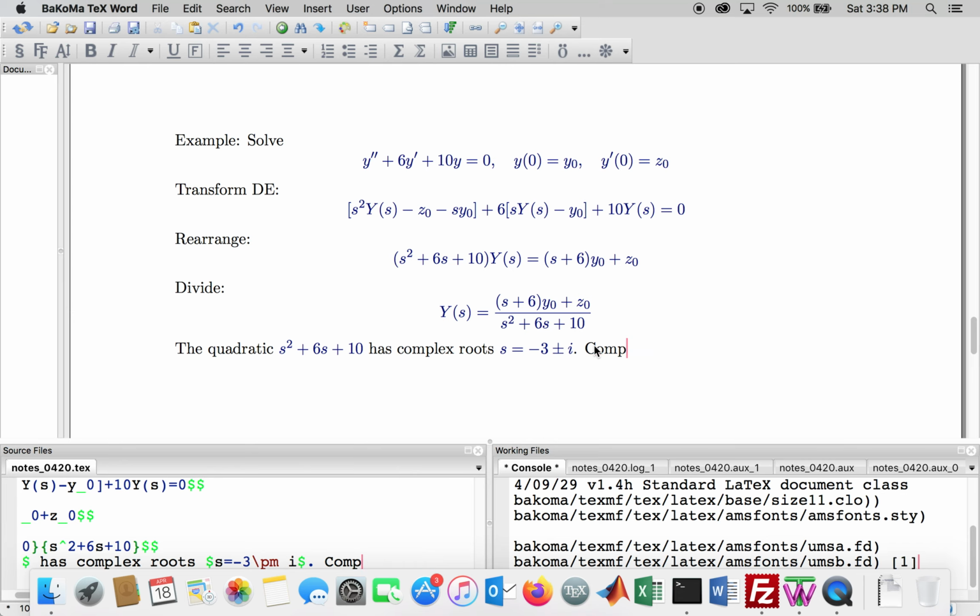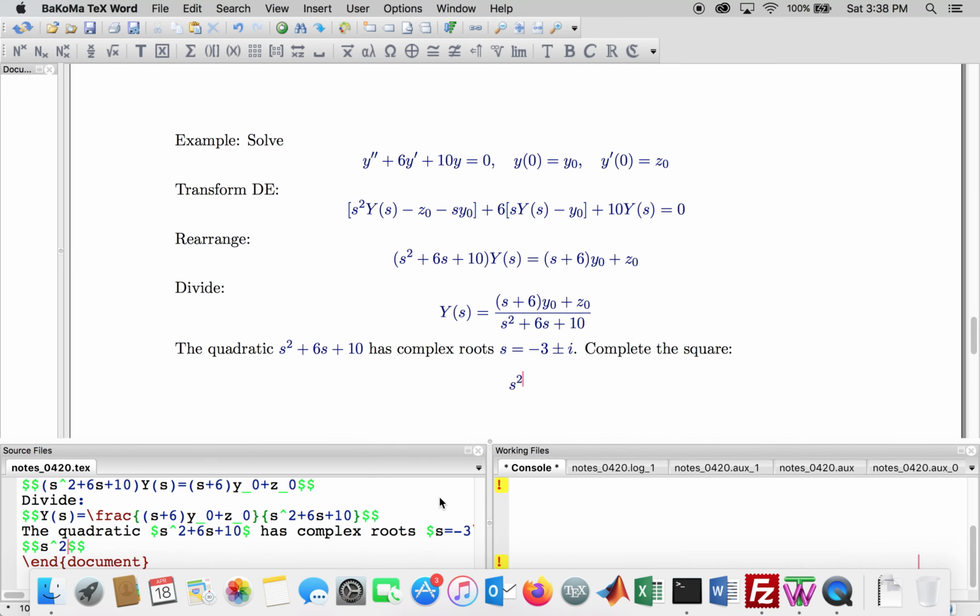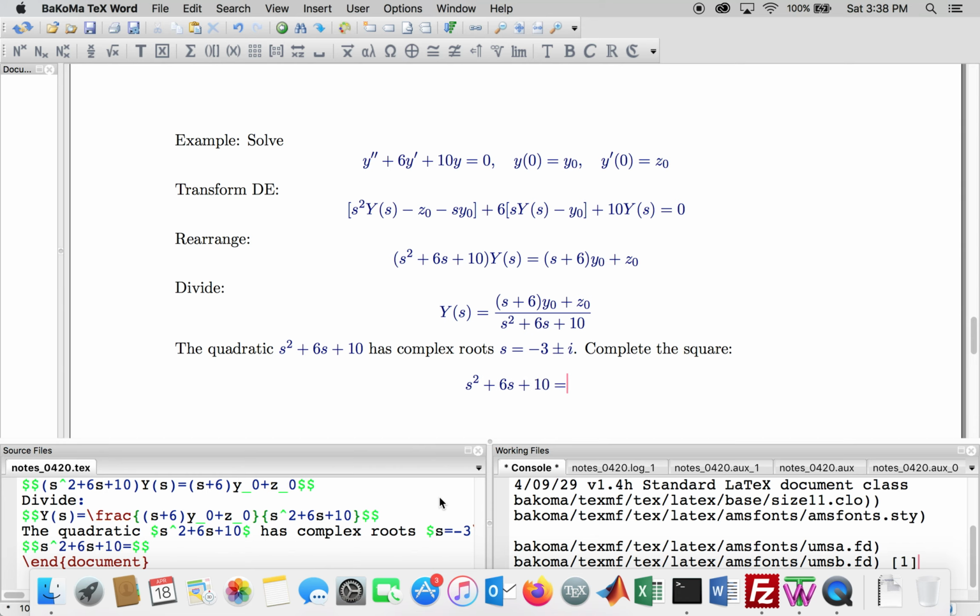So what you can do is complete the square to provide a form that will help us for inverse transforming purposes. s squared plus 6s plus 10 can be written as s squared plus 6s plus 9 plus 1. And so this part, s squared plus 6s plus 9, is actually a perfect square.